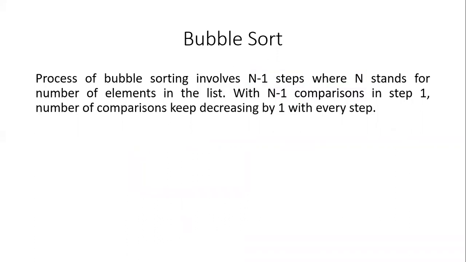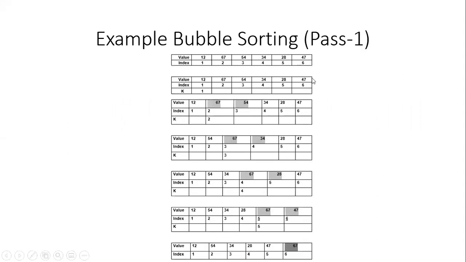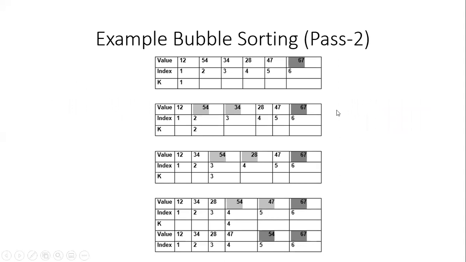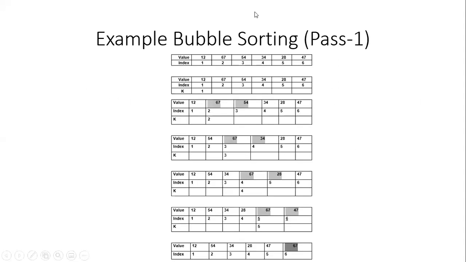So let us start with an example of how the bubble sort actually works. This is a representation of a list that is given on the top, plus the number of steps it takes, or the number of comparisons performed in each step. As you can see right here, this is the initial list that has been given to us.